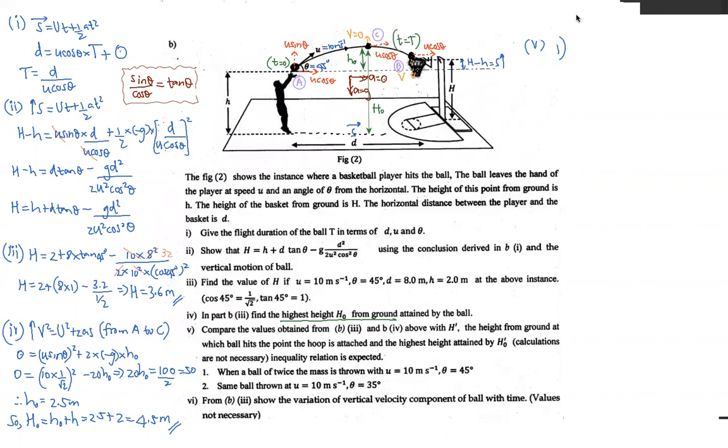So capital H dash, the new height, will be equal to the initial H, and the new maximum height from the ground is equal to the old maximum height from the ground. The reason is that there is no air resistance.